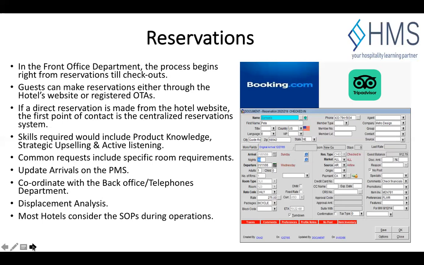And if it exceeds 30 seconds, then a callback option must be offered. Then it's also important to make a note of all the guest details, children's names, for example. Then they should clarify spellings wherever required.